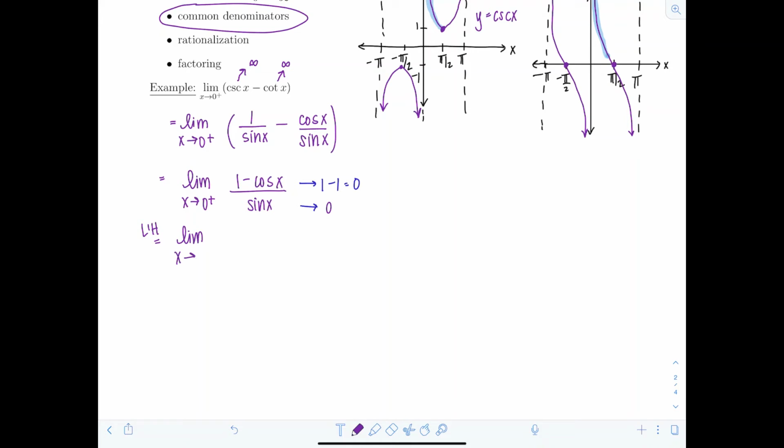And then I have the limit as x approaches 0 from the right. Now derivative of the numerator, so derivative of 1 is 0. Derivative of negative cosine x is going to be a positive sine x. And then let's take the derivative of the denominator. Derivative of sine x is just cosine x. So can we evaluate our limit here? Let's see.